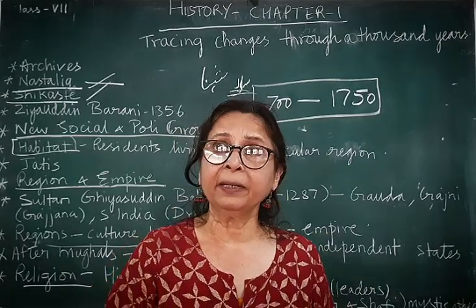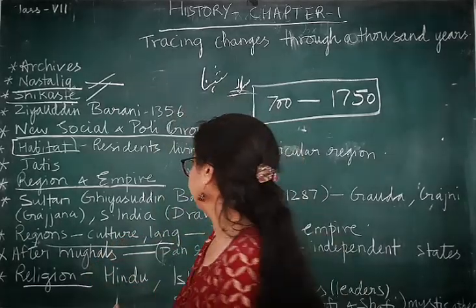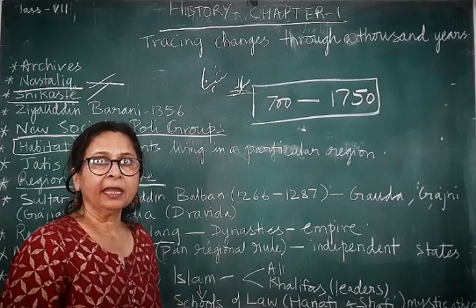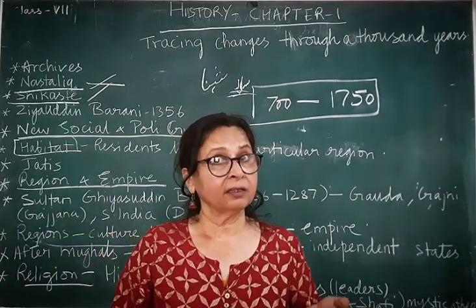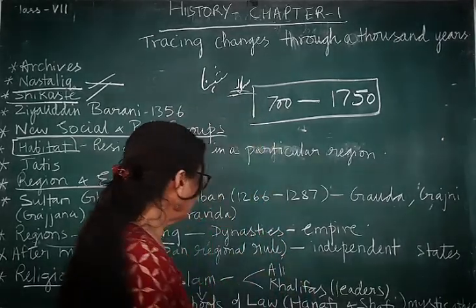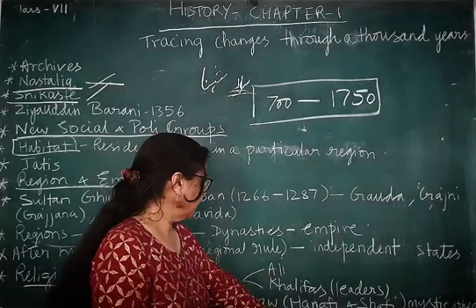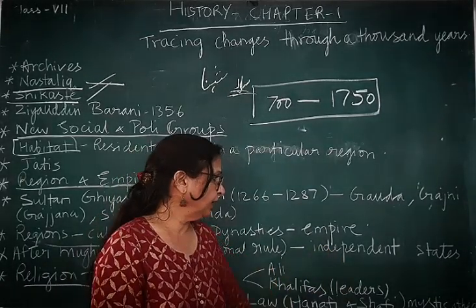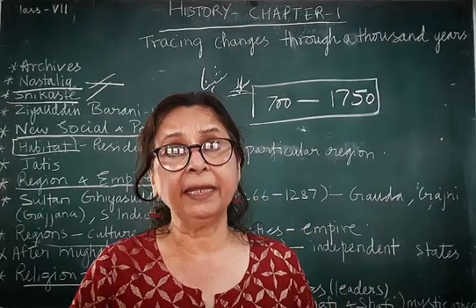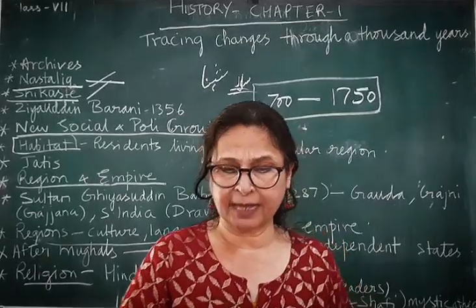Whereas Sunnis believe in the Khalifas, the leaders of their religion. Apart from that, there were more divisions, like Hanafi and Shafi, in history and theology. So there were many divisions among Muslims as well.